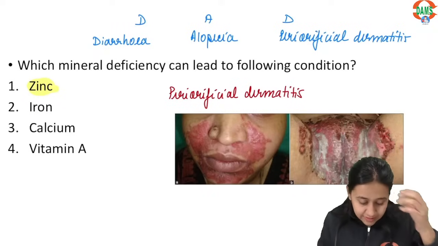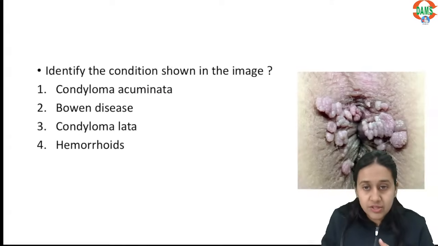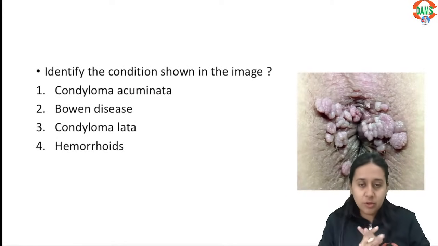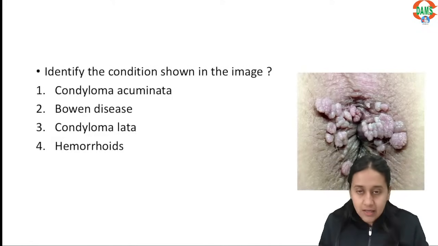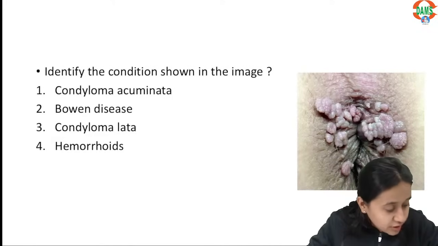Are you all ready for the next question? Coming to this question, a question from a very important topic. Identify the condition shown in the image. Although it's very easy, let's see how many of you know about this.